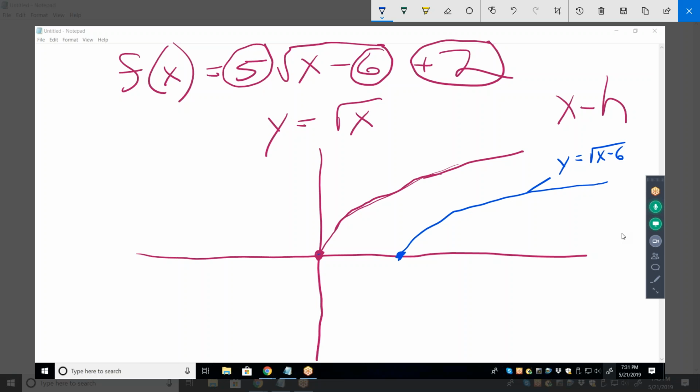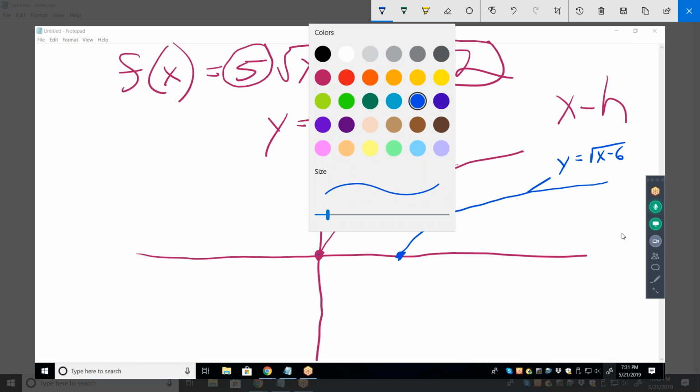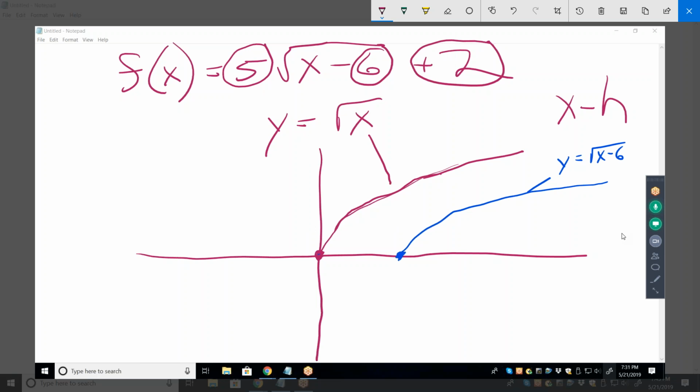I'm only going to apply one at a time. Okay, that's that one. Now let's apply the next easiest one, which is the plus 2. What is the plus 2? Is that vertical or horizontal? Vertical. And what's it do? It goes up 2. Yeah, and shifts do not change the shape of the curve.